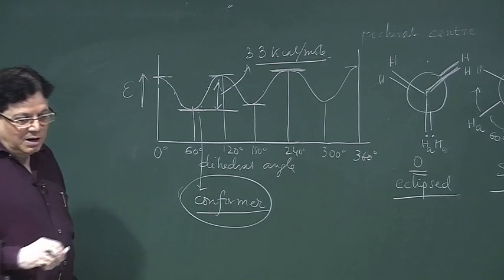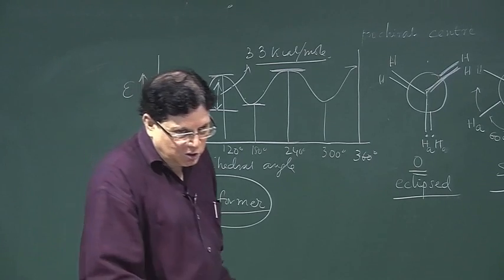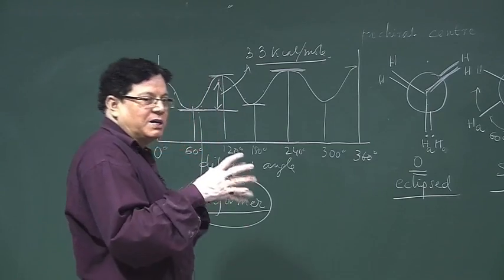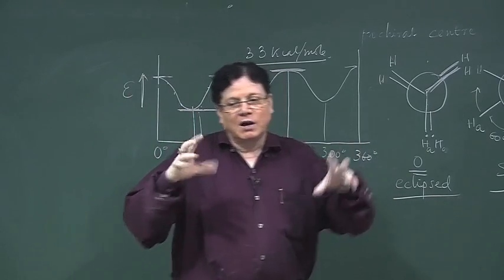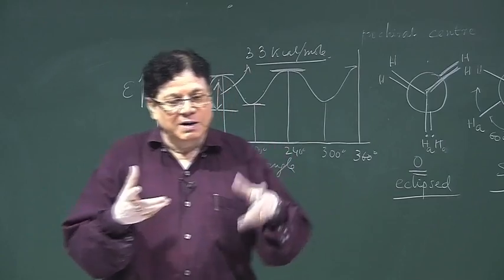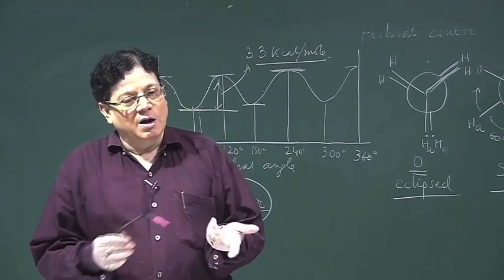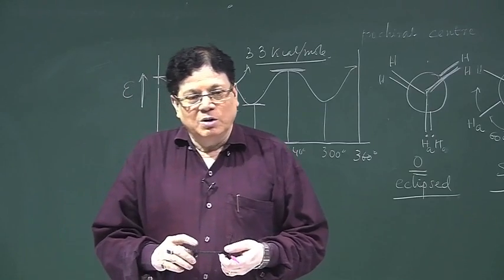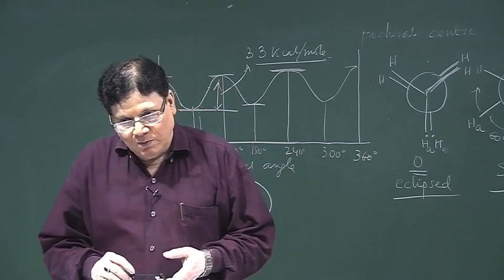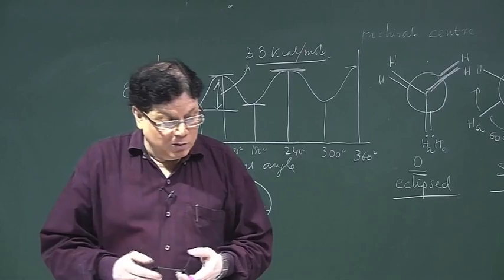So, you must understand the difference between conformations and conformer. Now, come back to this concept we have just introduced. Conformations are the infinite number of spatial arrangements that you get by rotation around a single bond, not for a diatomic molecule.